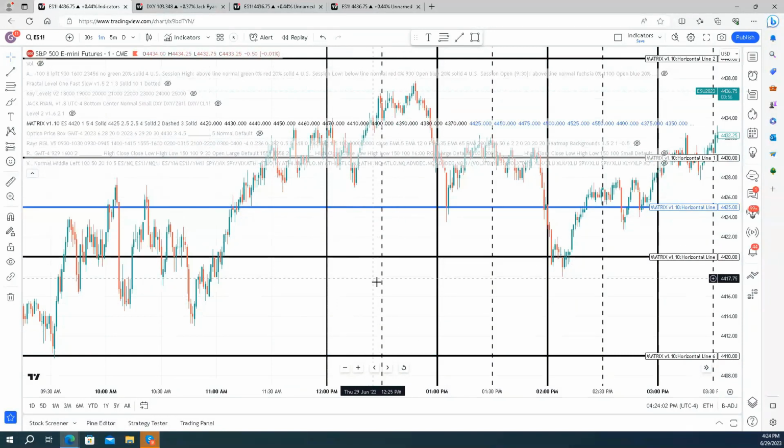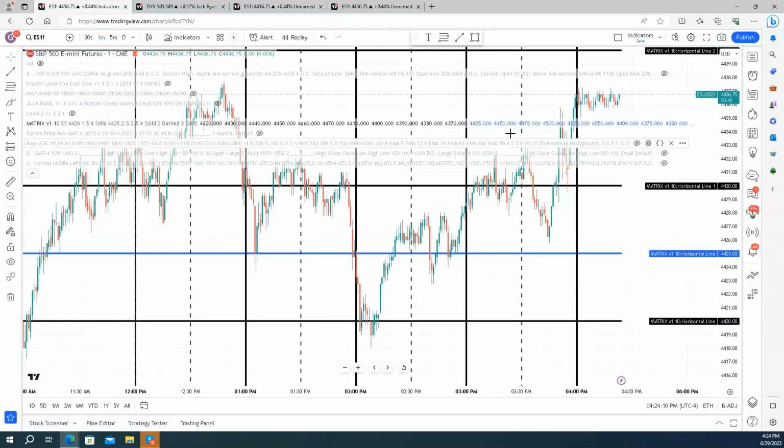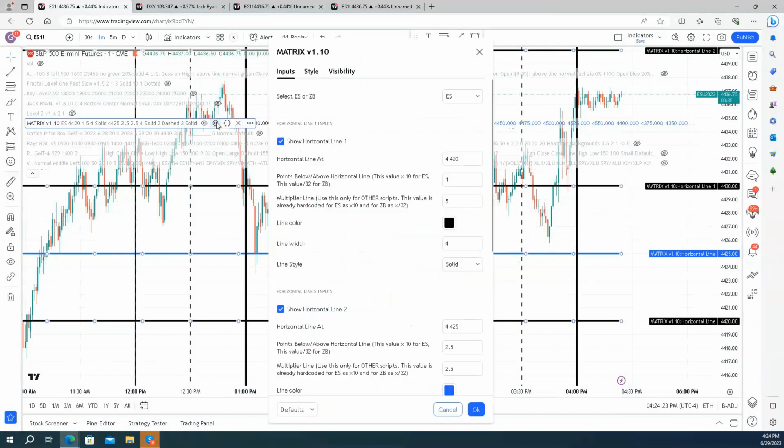So we can put the 30-minute verticals on as well as the hour verticals. And naturally it's all configurable. So if you want it every 10, every 5, or whatever you want, that's certainly in the input screen. I know it's a little confusing, but it was difficult to program. But once you figure it out, it's pretty straightforward.